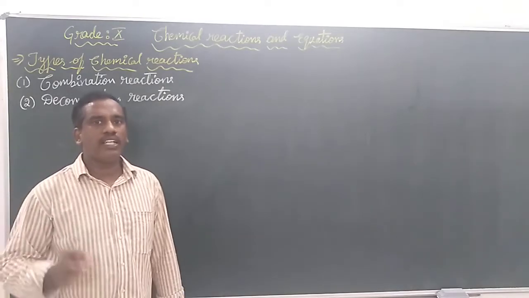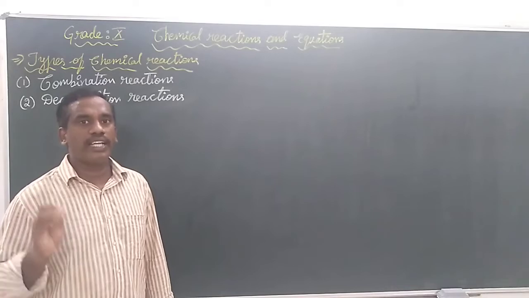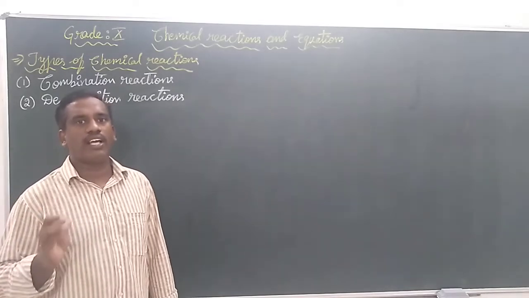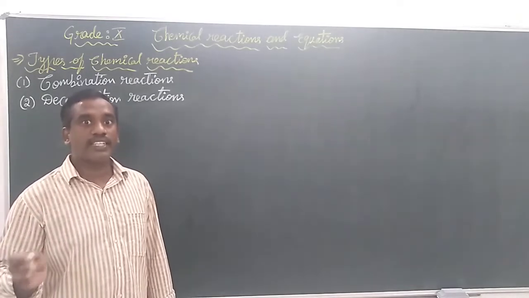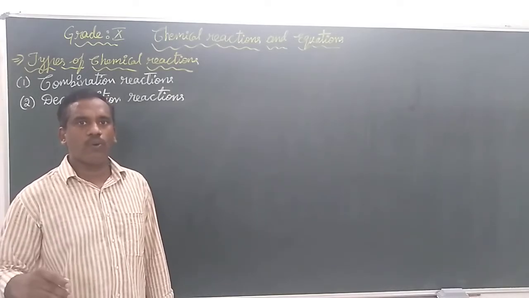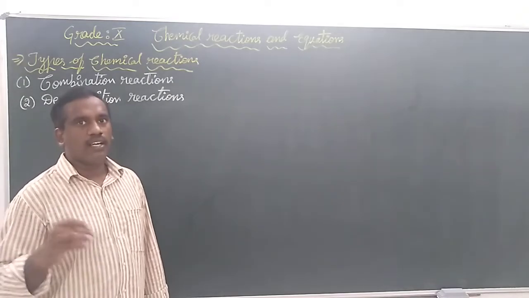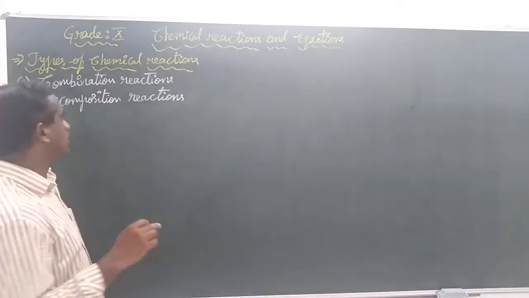Let us understand the sentence. A decomposition reaction is the one in which a single reactant decomposes to give two or more products. So what is a chemical decomposition reaction?